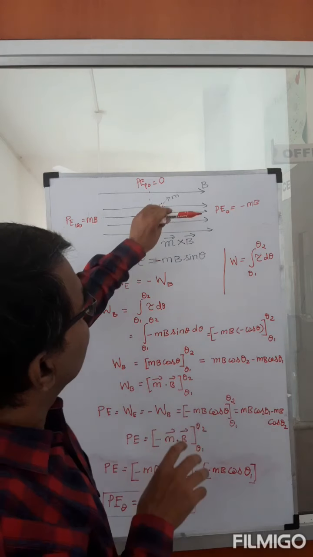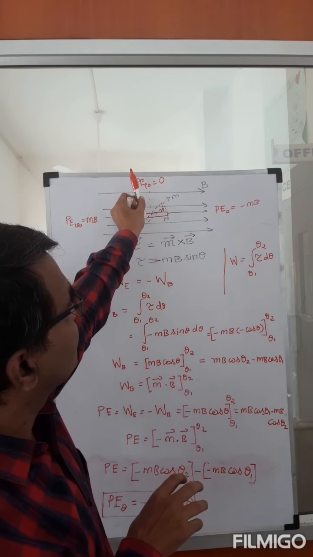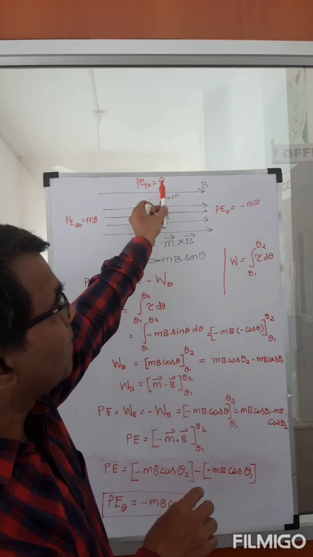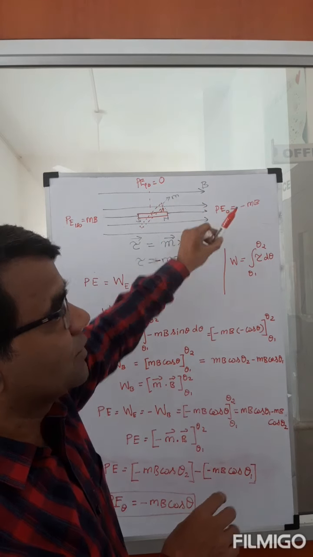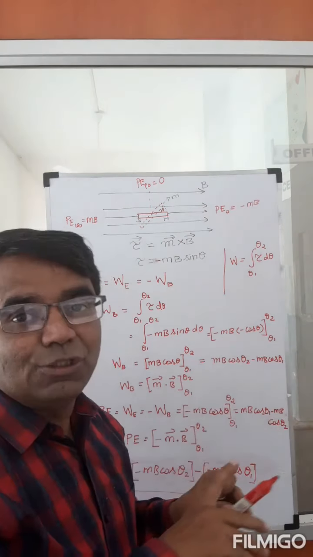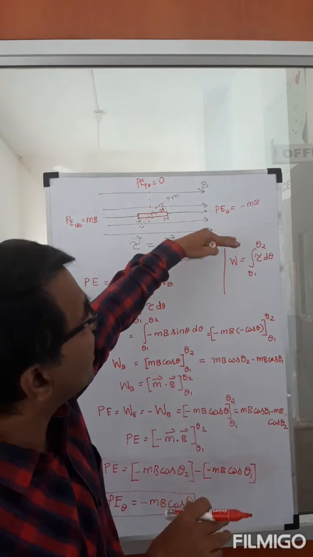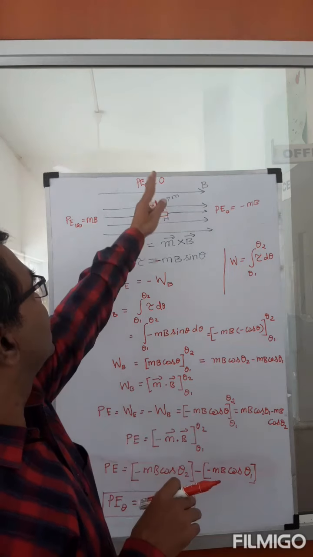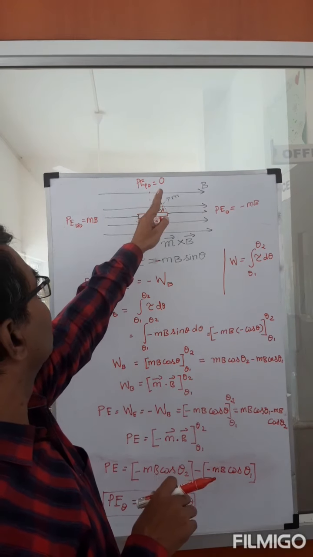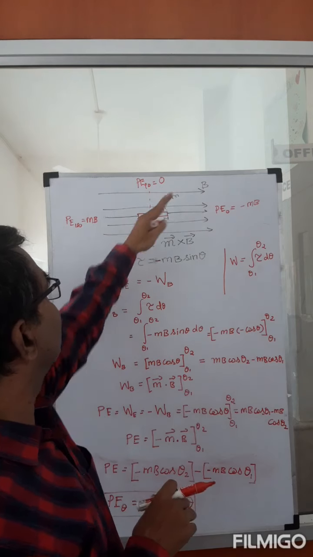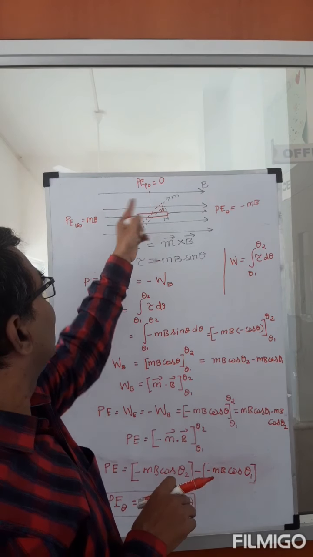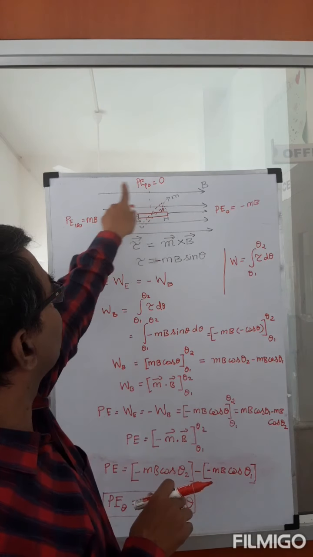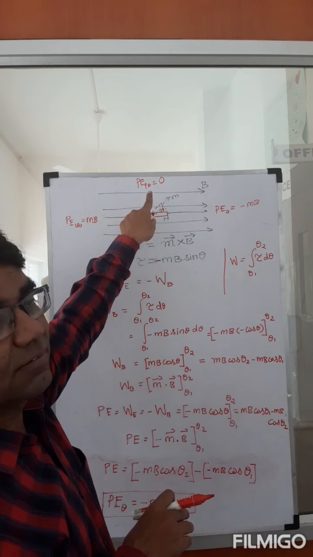To go from 0 to 90, the work we need to do would be 0 minus of minus mb, which is plus mb. You have to do positive work to go from minus mb to 0. And to go from 90 to 180, you have to do another mb amount of work. So mb minus 0 would be the potential difference between 180 and 90.